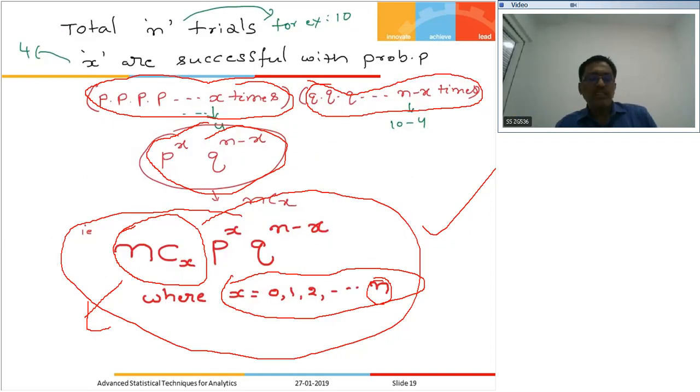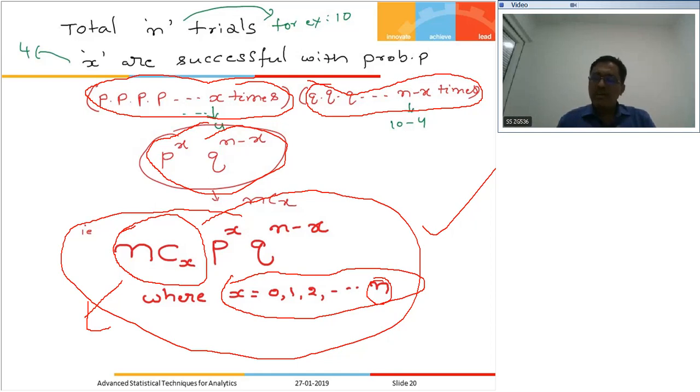NCX is one term called combinations. A simple example I can give is selecting the cricket 11. You have 11 members: openers 2, next third player, fourth player, fifth player, sixth player, like this. But this is not the same order; this is what is called permutation. Now you can have various combinations.